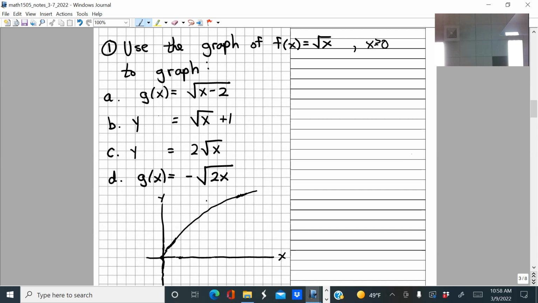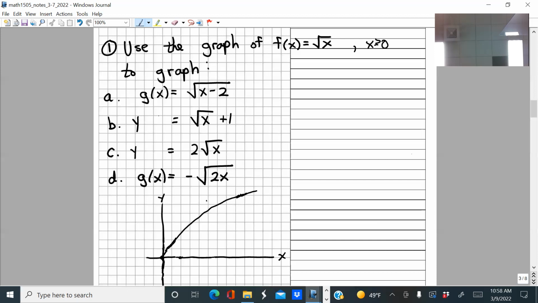Because we don't want to plot points. Again, how do we use our knowledge of square root of x to make these graphs? Well, what we're hoping for is that these graphs are just transformations of square root of x, one of those three types of transformations that we just listed.